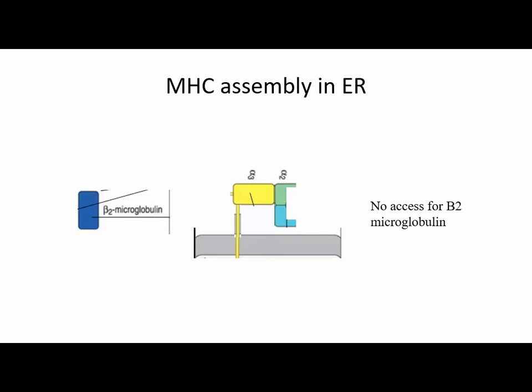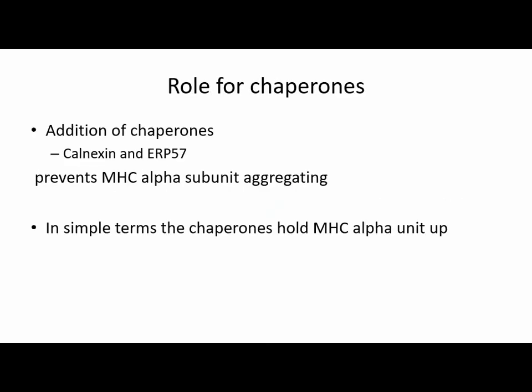The way we're able to do it is through things called chaperones. Okay? And the chaperones involved initially are calnexin and ERP57. In basic language, what these chaperones are going to do is stop MHC aggregating by holding it up.